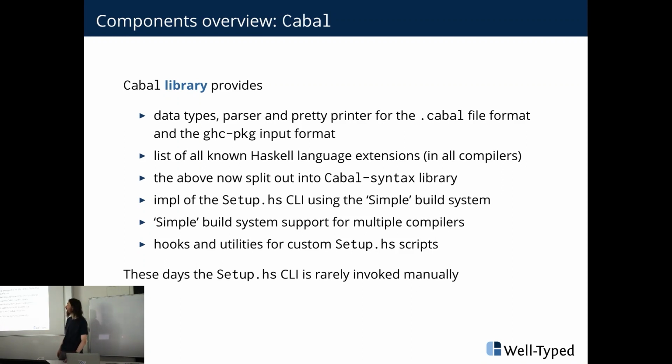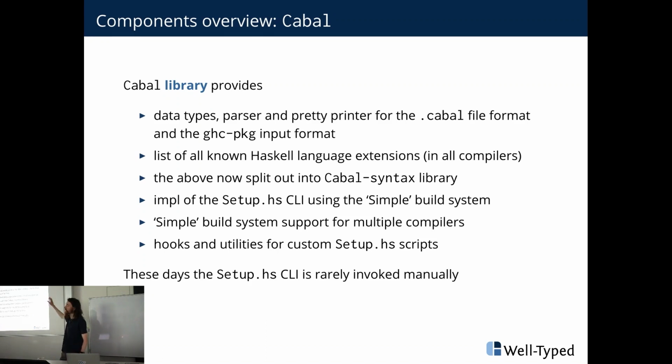But if you look in the list in Cabal, you'll still find two or three which were only ever implemented by Hugs, I think, and never by GHC, some extensible records feature from the early days. So there's still one or two which are not GHC specific. That's an interesting relic.